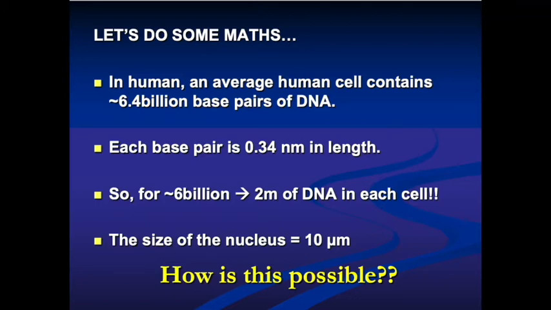So if you calculate, 6 billion base pairs is about 2 meters of DNA in each cell. But our cell is so small, the nucleus itself is just 10 micrometers. So how is this possible? How can you fit 2 meters of DNA into this tiny structure of the nucleus?